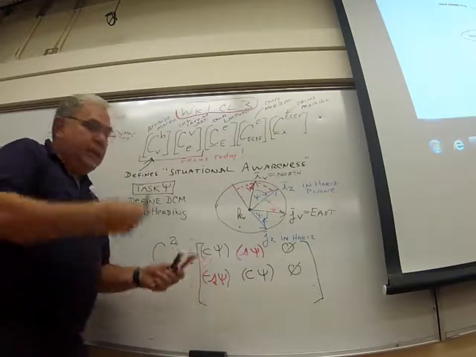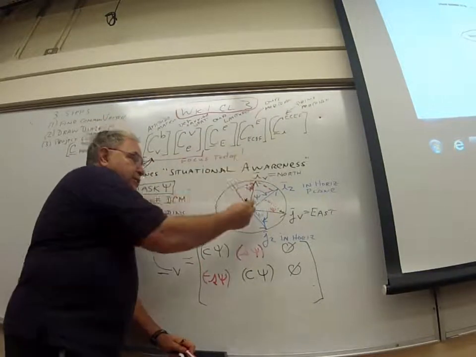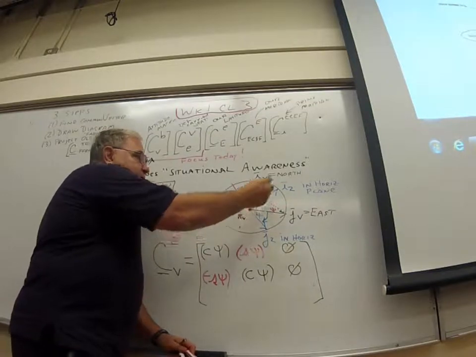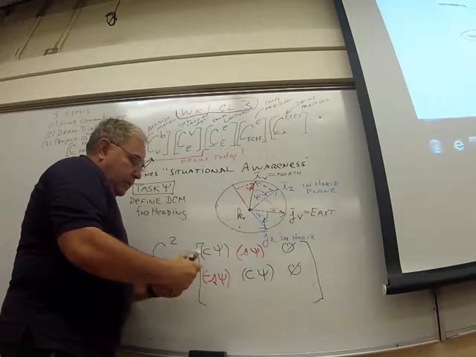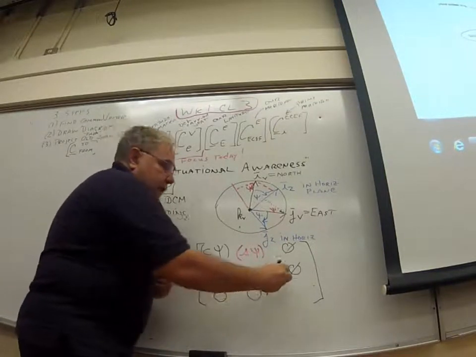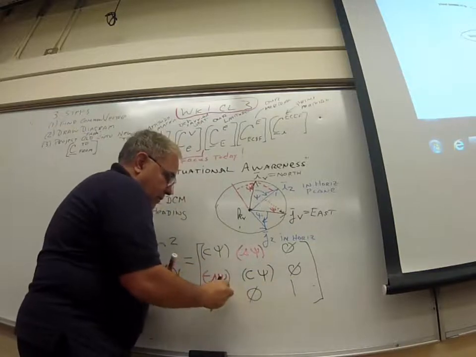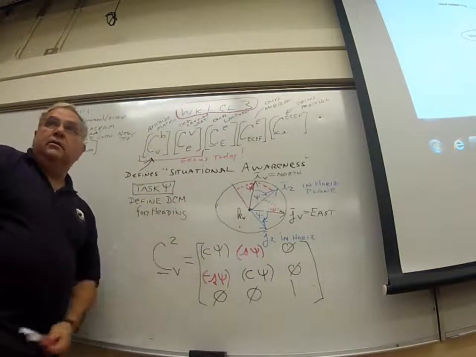The last vector, I'm going to lay my finger along KV, which is into the board. It's going to align with K2. K2 and KV are aligned. Therefore, there's no projection from the old I and J vectors, and a perfect projection of 1 out for that one. And there you have the first coordinate transformation.